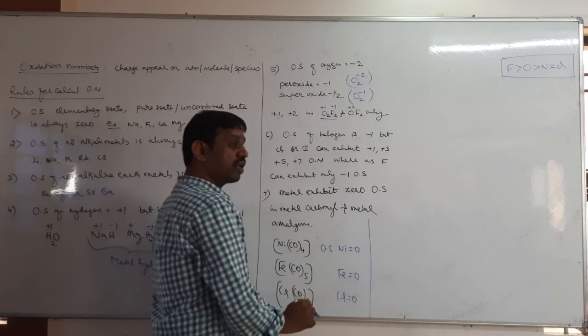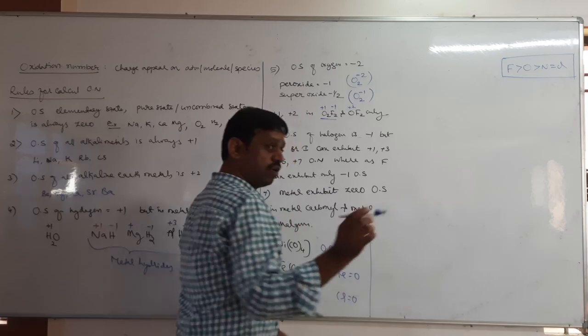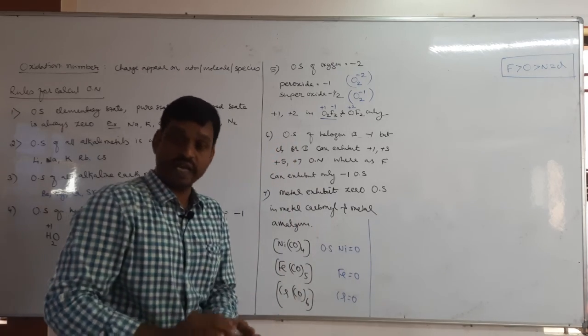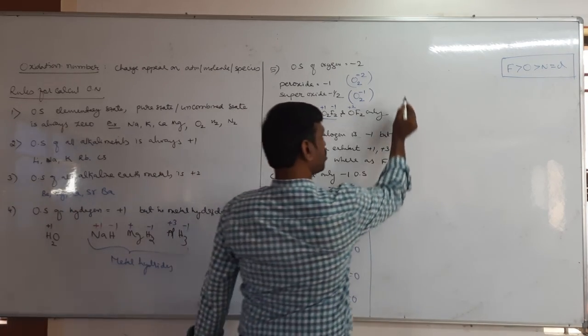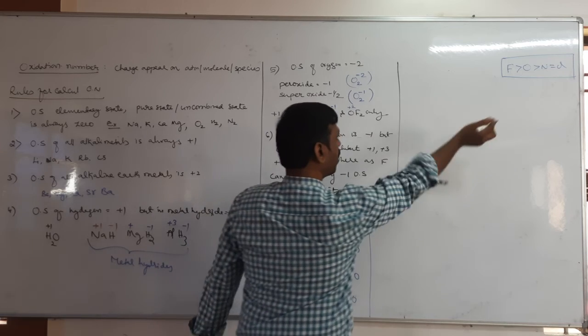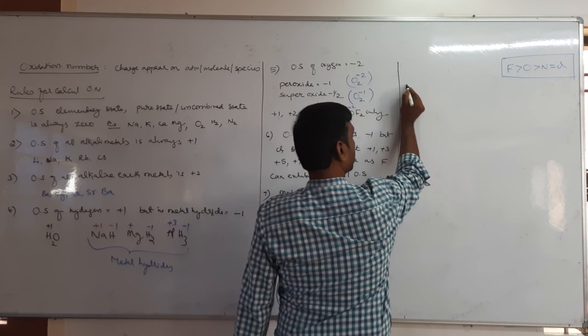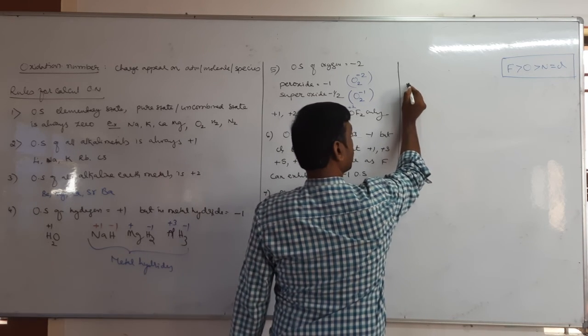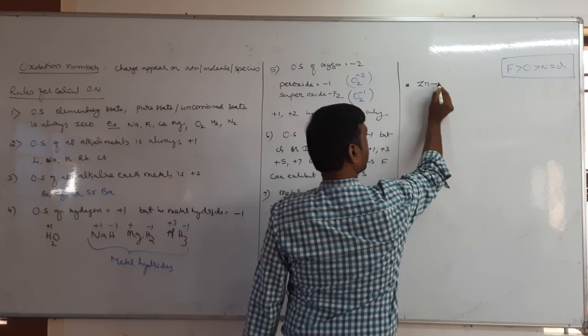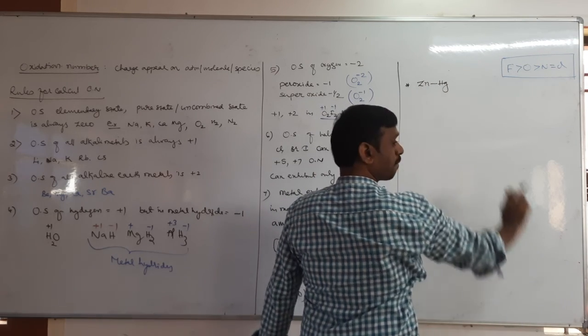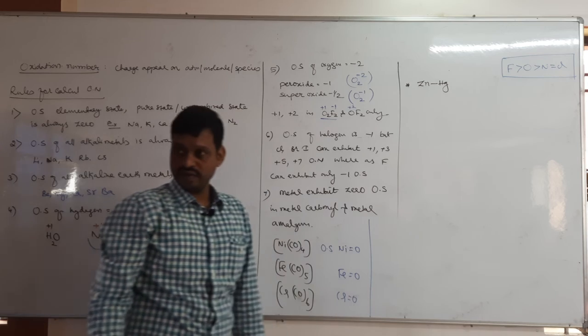Similarly, not only metal carbonyls, even metal amalgams. We use metal amalgams as reducing agents very commonly in organic reactions. Can you tell me one or two important metal amalgams? Very good. Zinc amalgam. Do you remember where we use zinc amalgam? Clemmensen reduction.